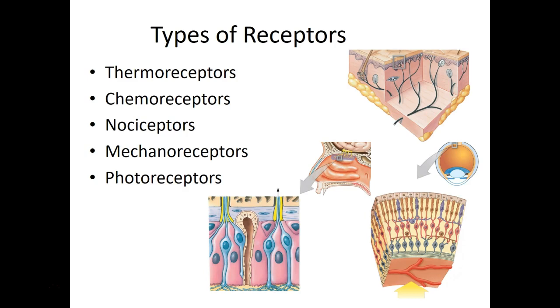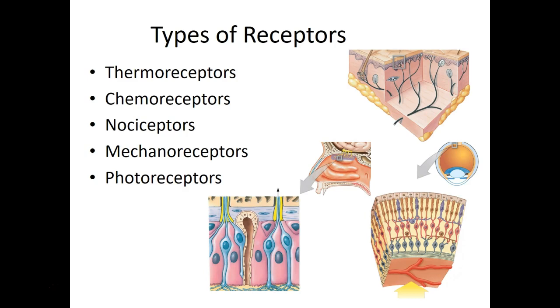So here, some visuals. Another place where we have chemoreceptors is in the nose. Odorants are chemicals that bind to specific receptors in our nose, all right? So here's a zoomed-up portion.